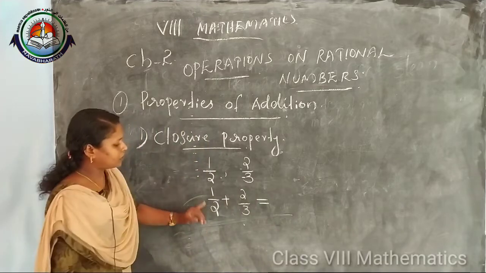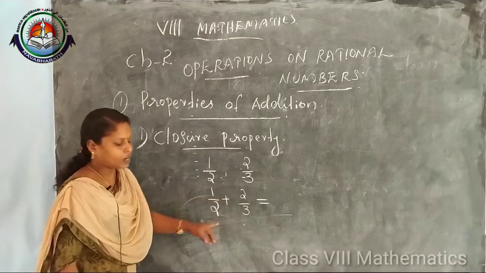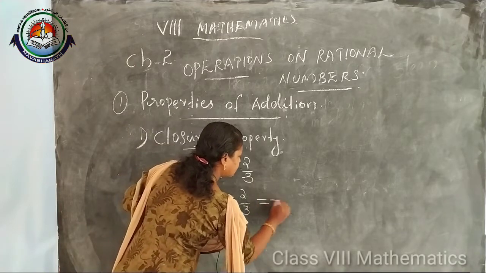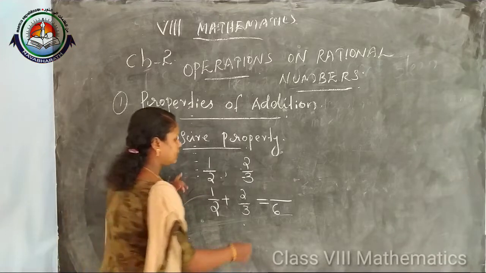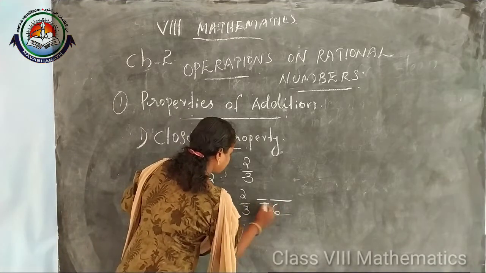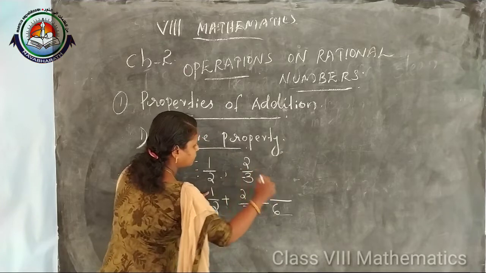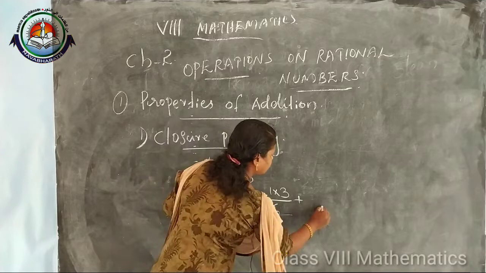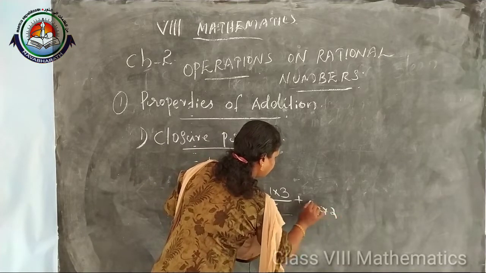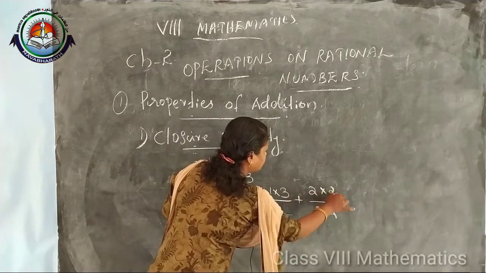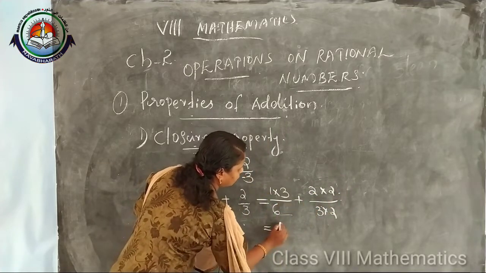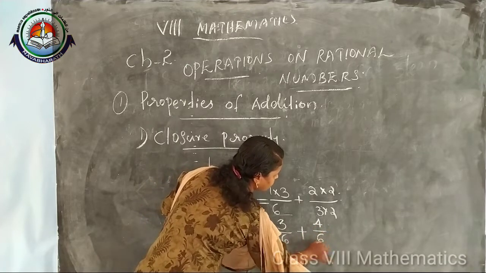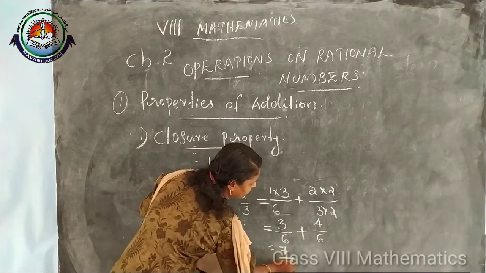To add, we need to equalize the denominators. 6 is the LCM of 2 and 3. So 2 into 3 is 6, so 1 into 3, plus 3 into 2 is 6, so 2 into 2. Then 3 by 6 plus 4 by 6 is 7 by 6.